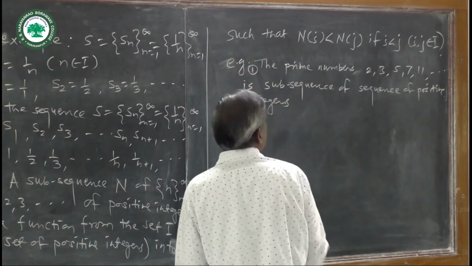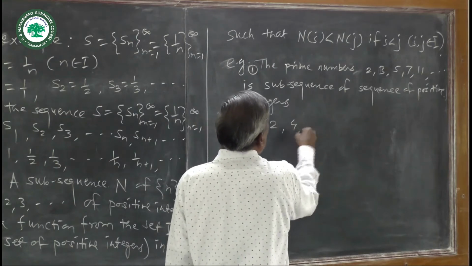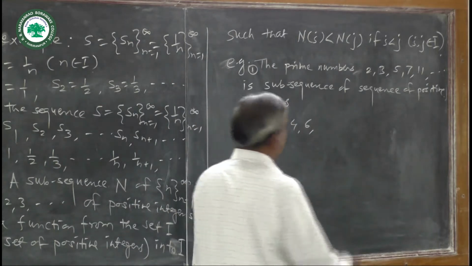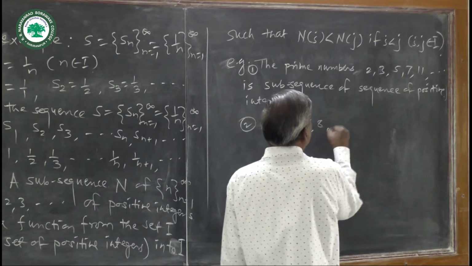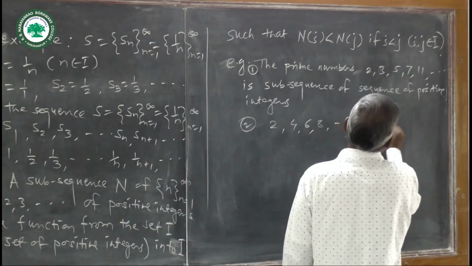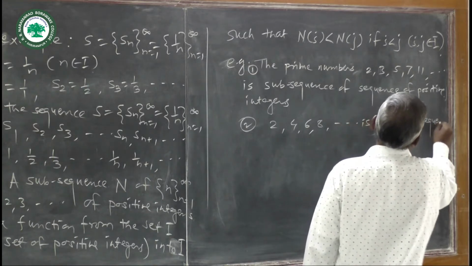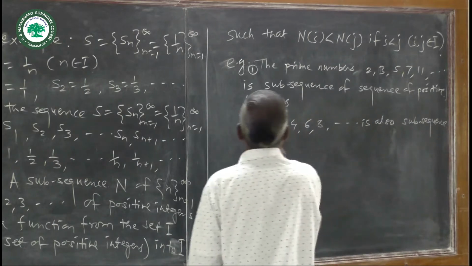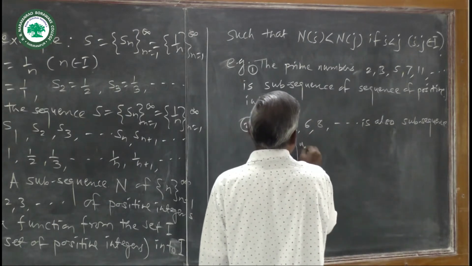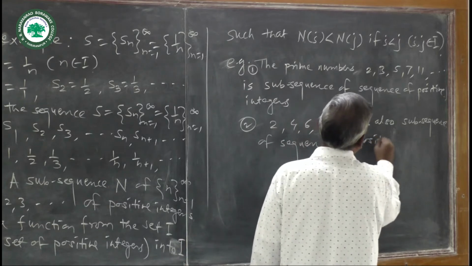Second example, 2, 4, 6, even numbers and so on, is also a subsequence of the sequence of positive integers.